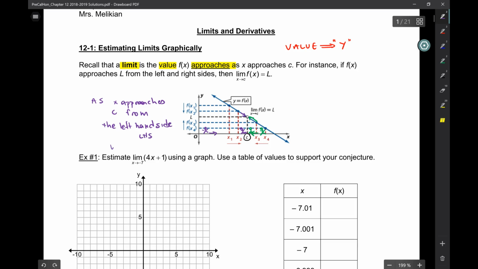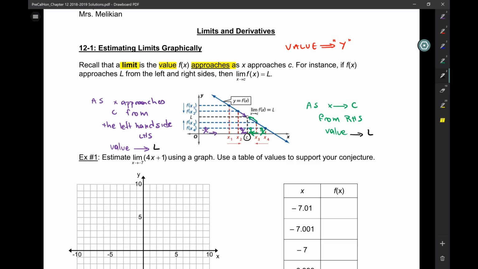Okay. Value approaches L. And then here, as X approaches C from, what's RHS? Right-hand side, value approaches L.